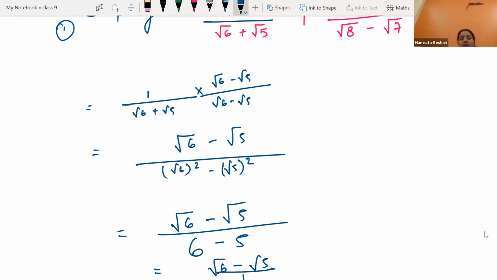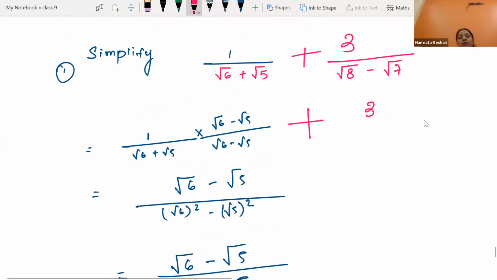Yes, ma'am. We just did the rationalization, and while doing the rationalization, we understand our question's step and the final step. These two are equivalent fractions. Okay, so let's now take the next term, this root 8 minus root 7. That also we will be doing the rationalization. This one, root 8 plus root 7 by root 8 plus root 7.